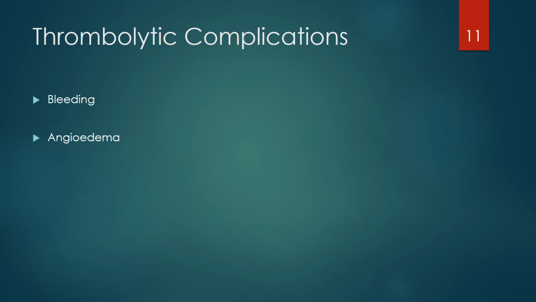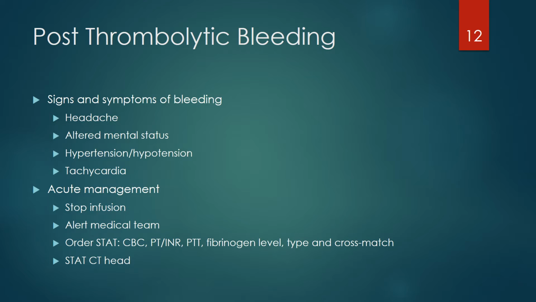So with any thrombolytic we use, alteplase or tenecteplase, there are a couple of complications that are very serious. Luckily they're relatively rare: obviously bleeding and angioedema. So if a patient has post-thrombolytic bleeding, signs and symptoms you want to watch for are headache, altered mental status, hypertension or hypotension, tachycardia.